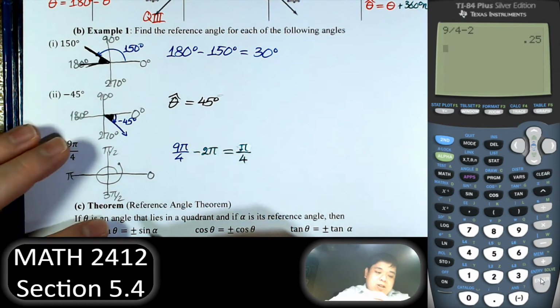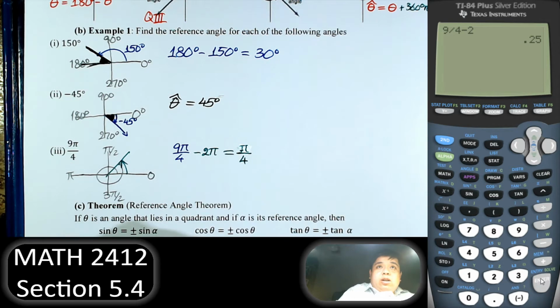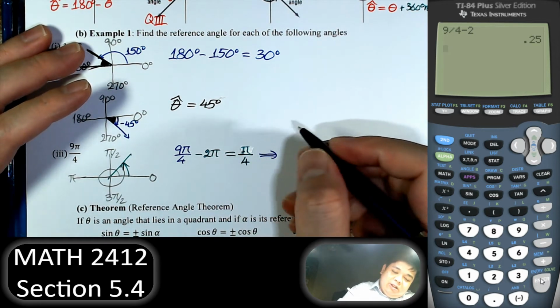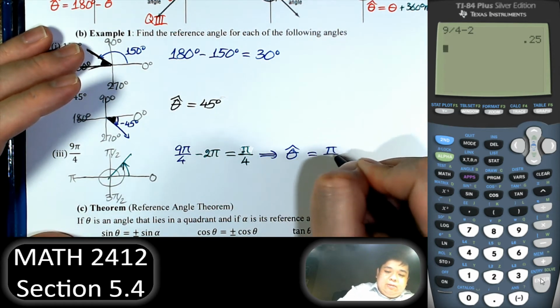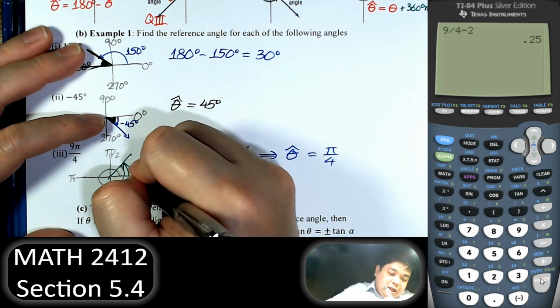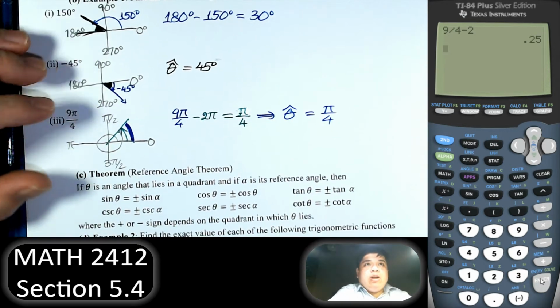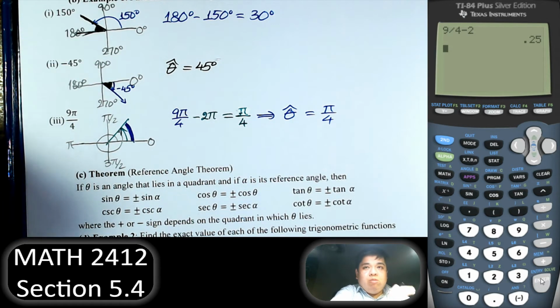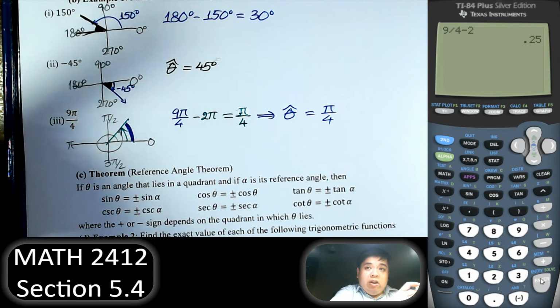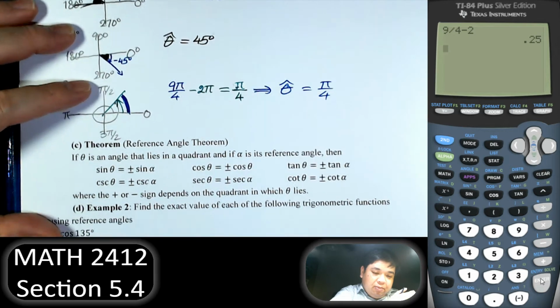If it is pi over 4, that is in the first quadrant, so the reference angle is also pi over 4, because we take that terminal ray with the positive x-axis. So if it is in the first quadrant, it will be the same. Coterminal angles have the same terminal ray. Reference angle is the terminal ray to either the positive or negative x-axis.